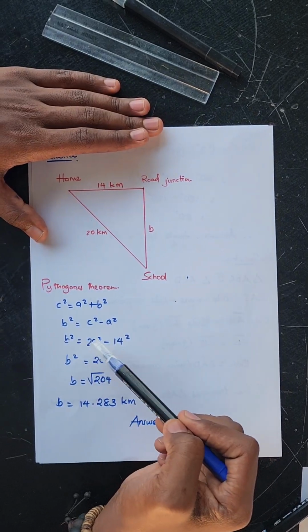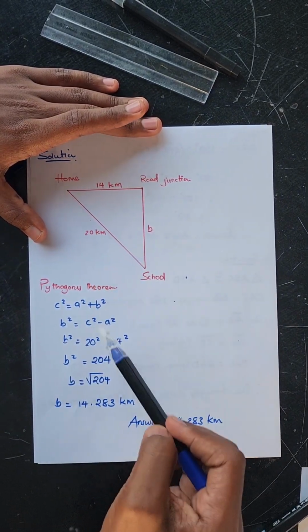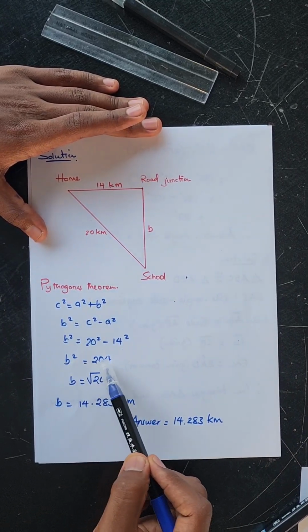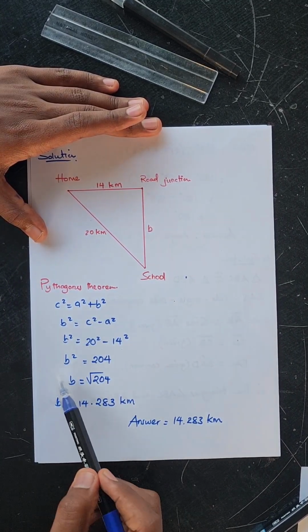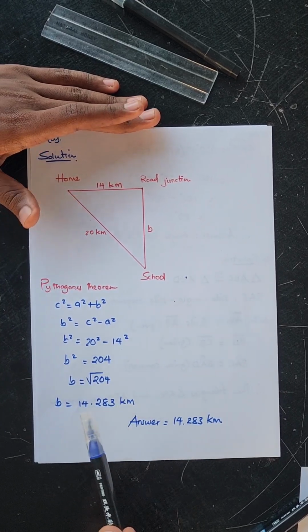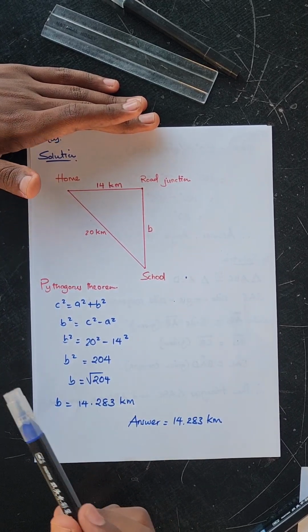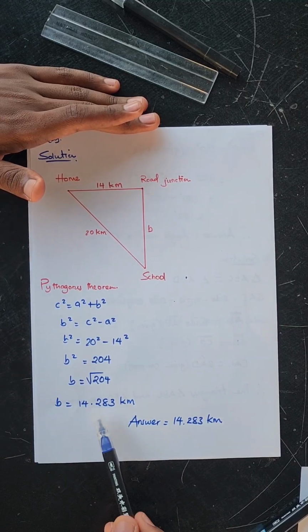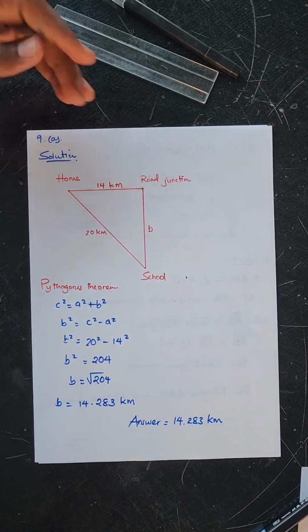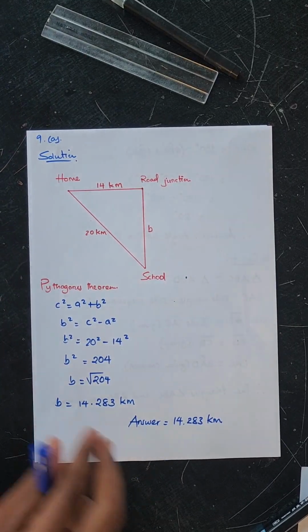B squared equals 20 kilometers squared minus 14 kilometers squared. B squared equals 204. B equals the square root of 204. The question asked us to give it to 3 decimal places. So that will be 14.283 kilometers. And that was our answer.